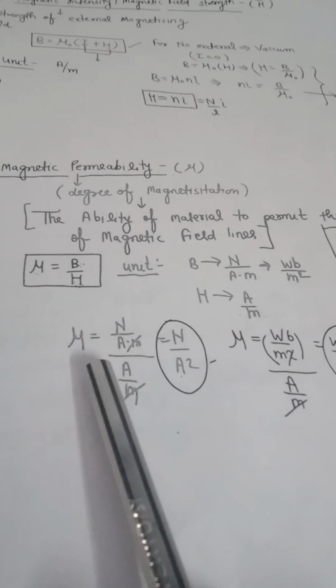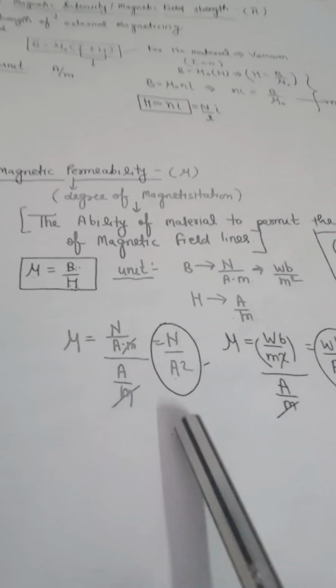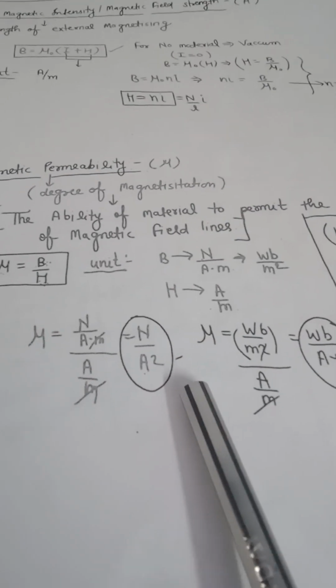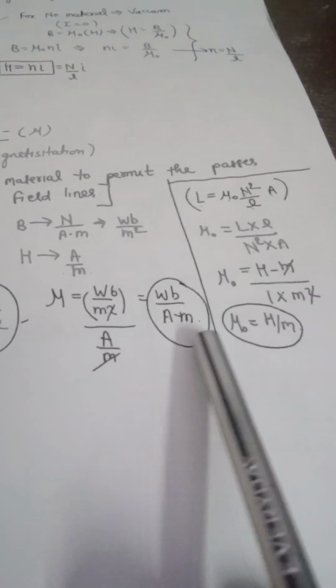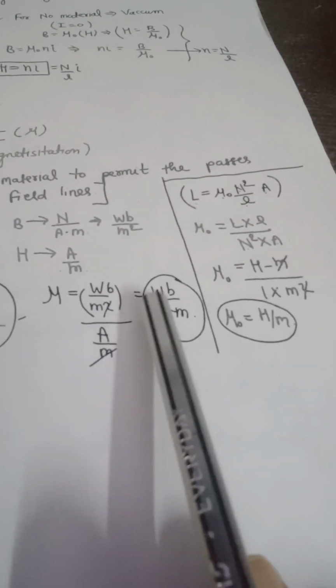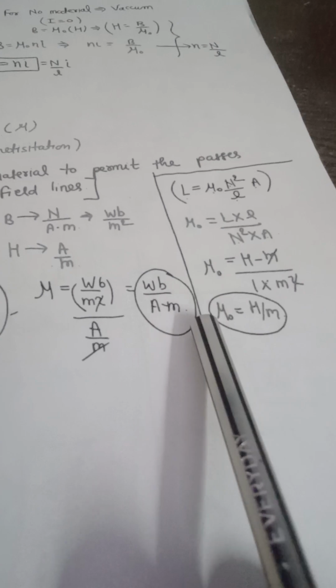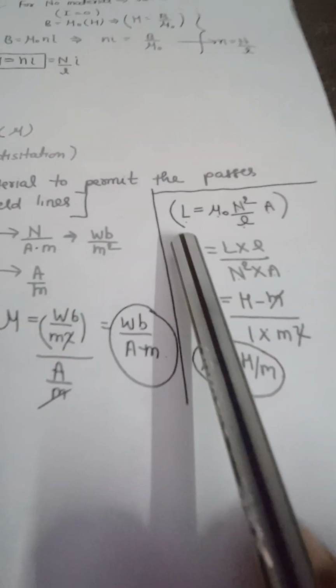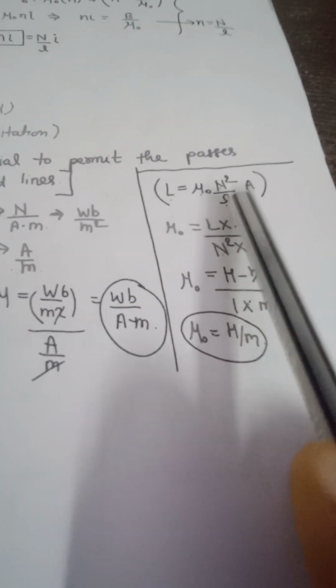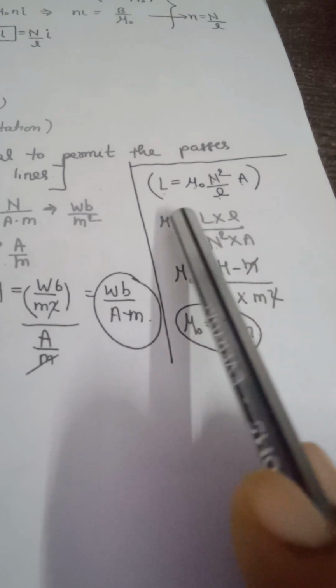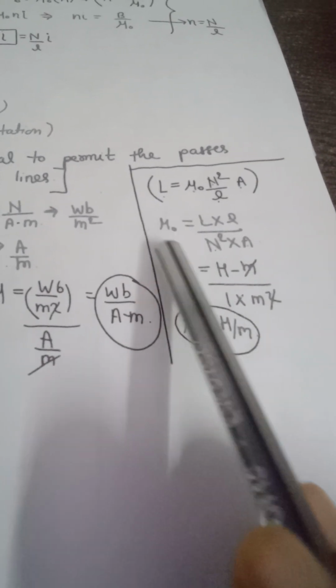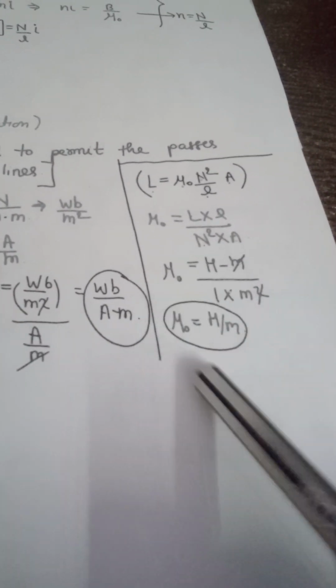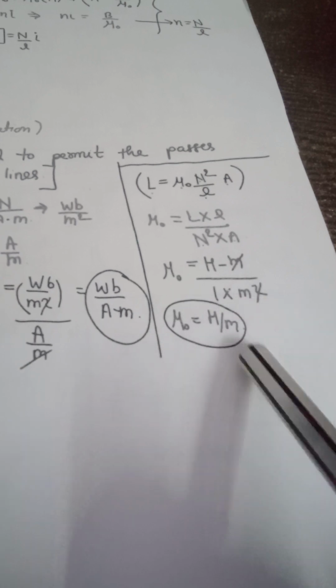So the unit of mu is Newton per ampere square, also called Weber per ampere meter. Because we know that L is equal to mu naught N square A, after we put it down here, we will find the relation for mu naught.